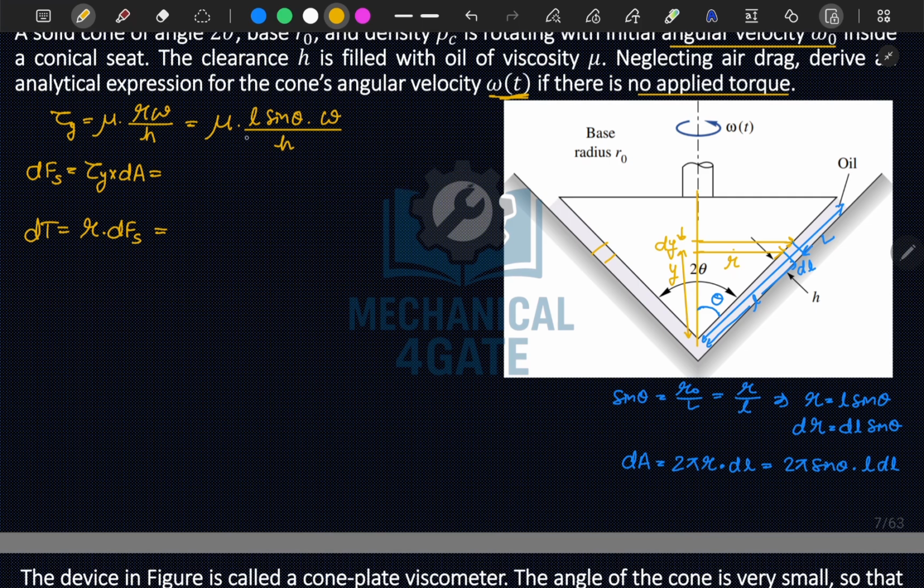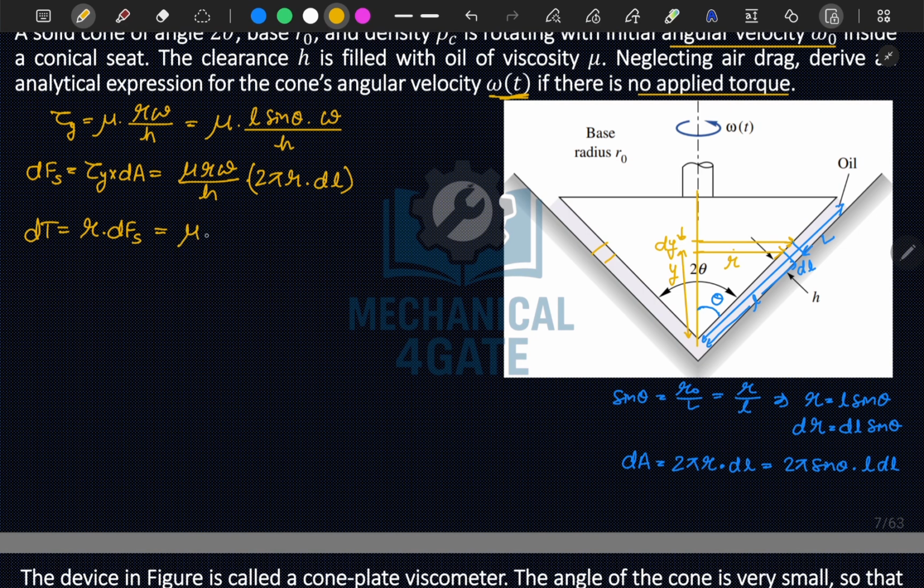So this is your μ r ω by h times dA, which is 2 pi r times dl. Now we'll multiply it by r again.